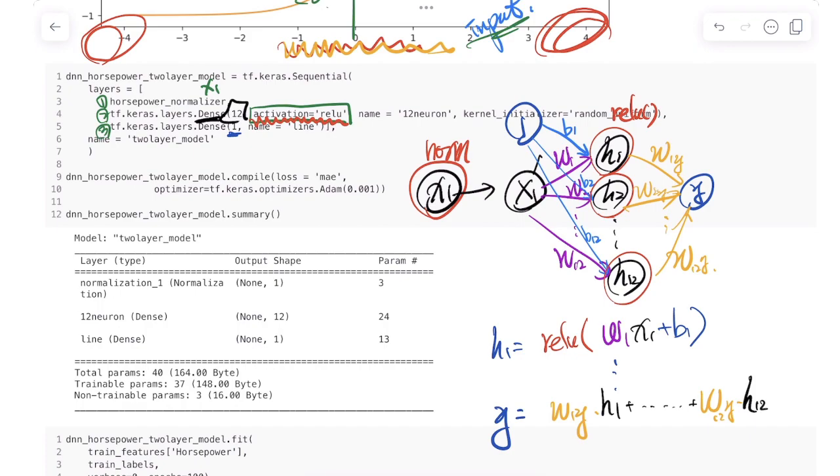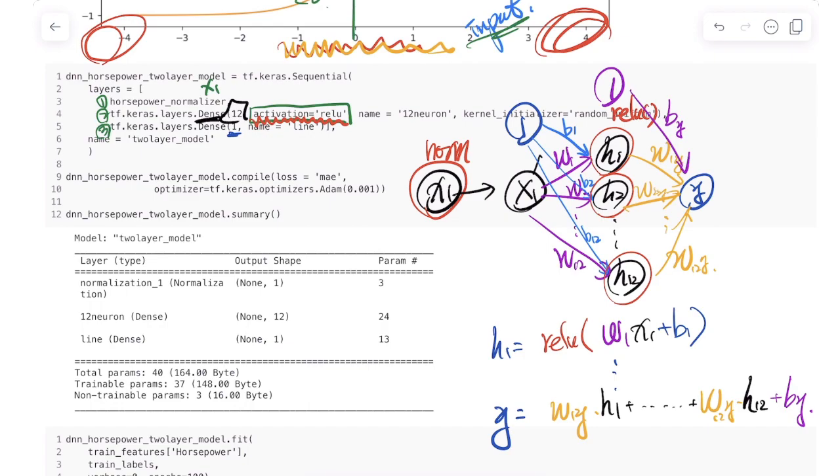And of course, there should be one additional bias right here, so we can write it this way, plus by.